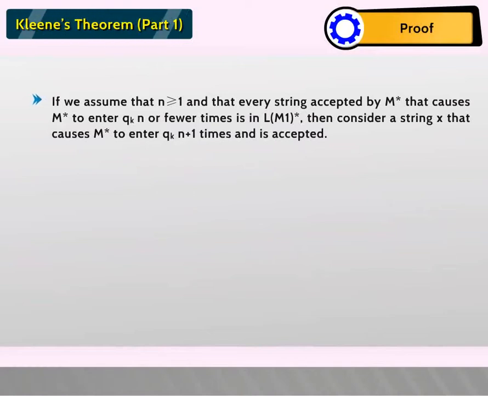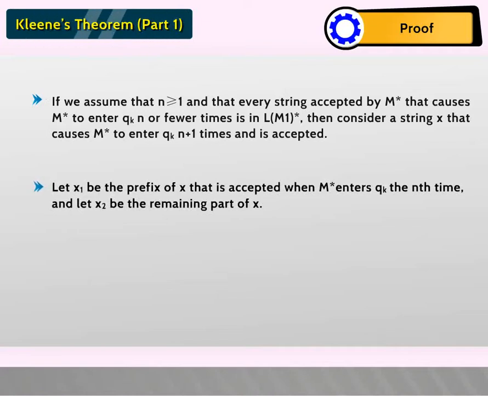If we assume that n is greater than or equal to 1 and that every string accepted by M* that causes M* to enter q* n or fewer times is in L(M1)*, then consider a string x that causes M* to enter q* n+1 times and is accepted. Let x1 be the prefix of x that is accepted when M* enters q* the nth time, and let x2 be the remaining part of x.